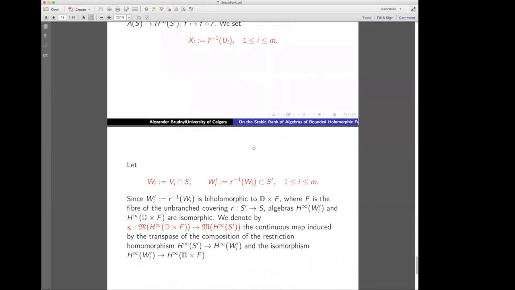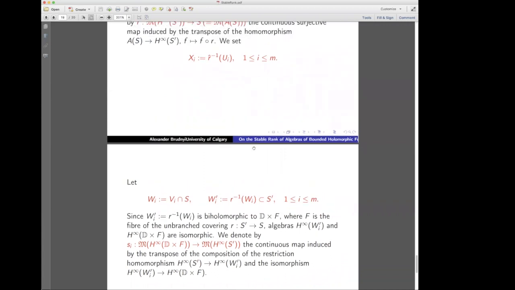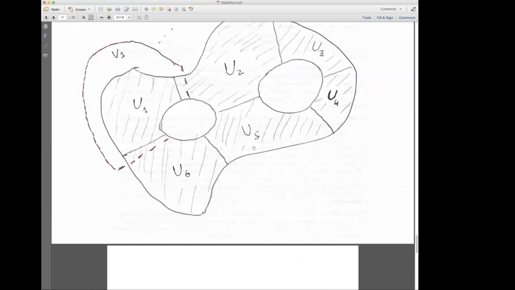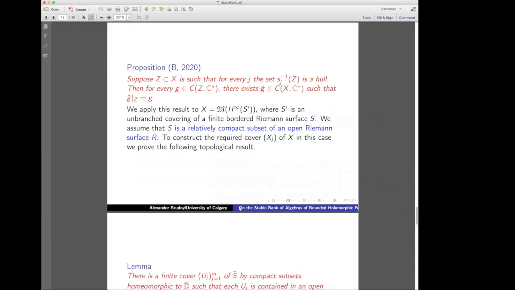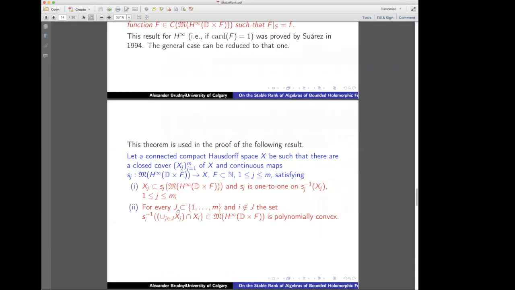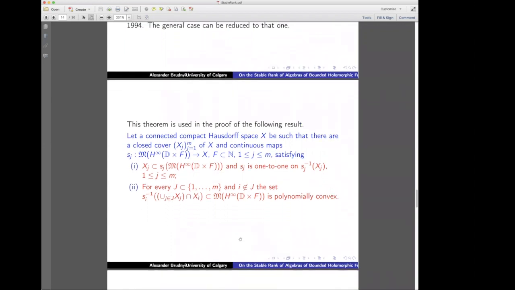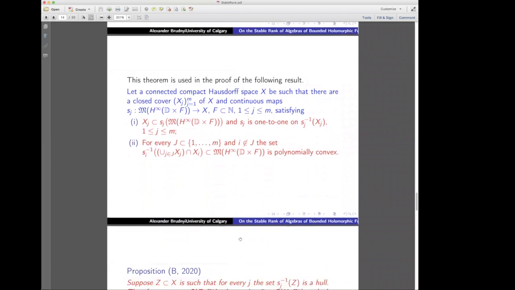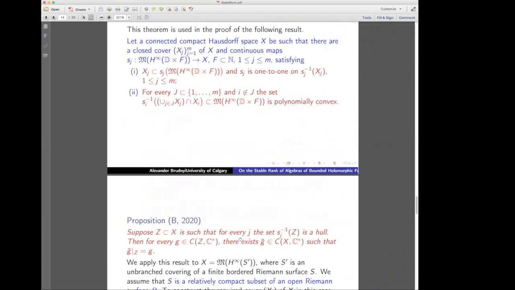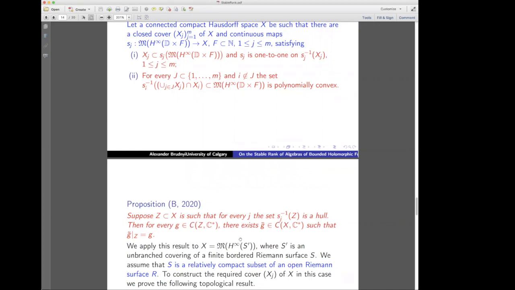Namely, if I'm taking some subset J from 1 to M intersected with some xi which is not in this index set, then the preimage will be polynomially convex. That's it. Because we have this, we can apply this proposition.